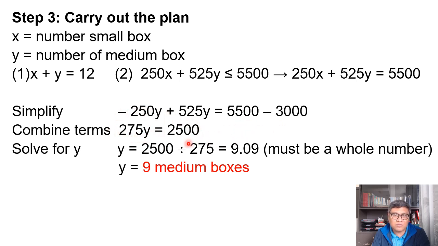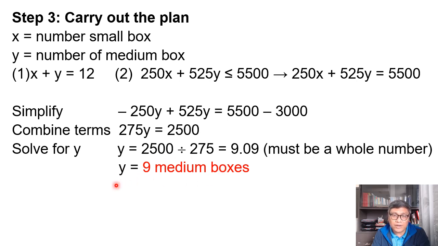Then I can divide both sides by 275 so that I can isolate the variable y. So 2,500 divided by 275 is 9.09. But we are talking, class, about the number of boxes, so we cannot have 0.09. So we just use rounding off. So 9.09 will be rounded to a whole number, which is 9.